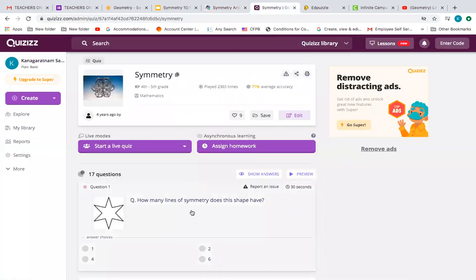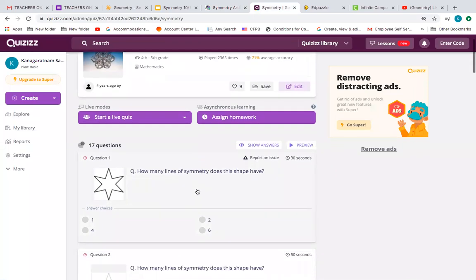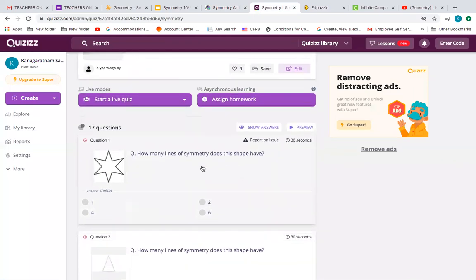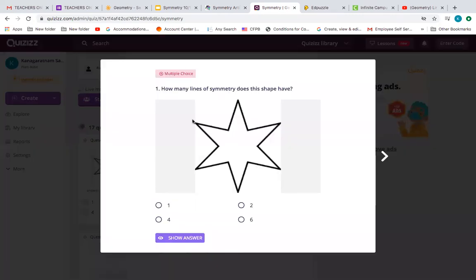How many lines of symmetry does this shape have? If you look at it, I would say you can draw one over here, two over here, three over here, and then in between, this is the fourth one, fifth one, and the sixth one.